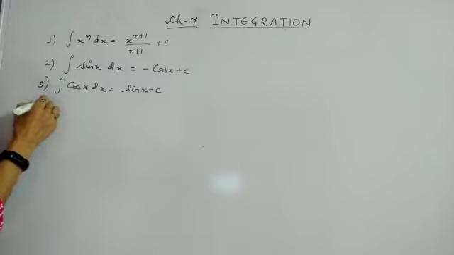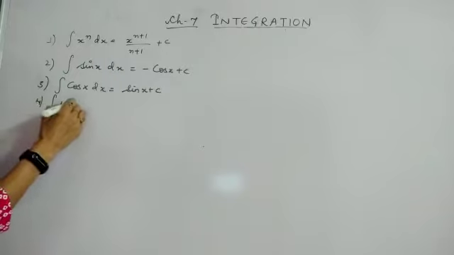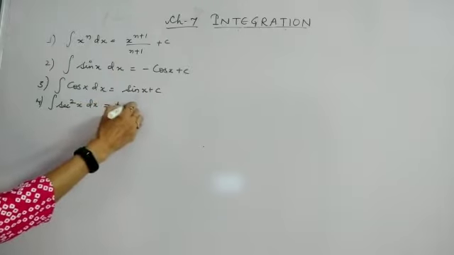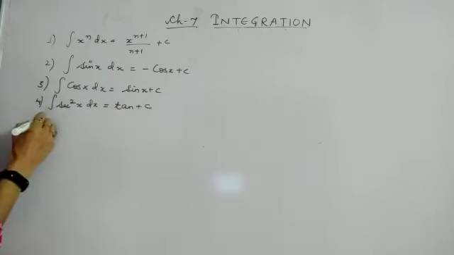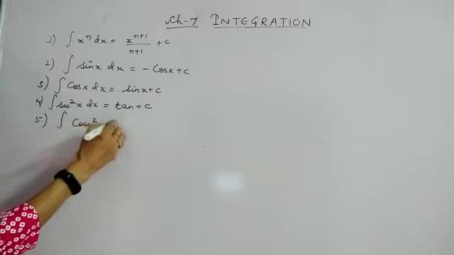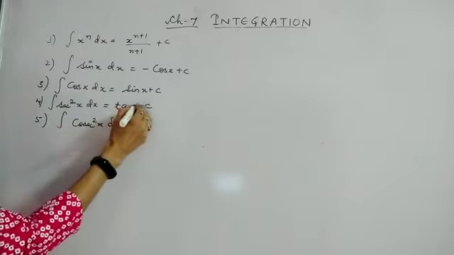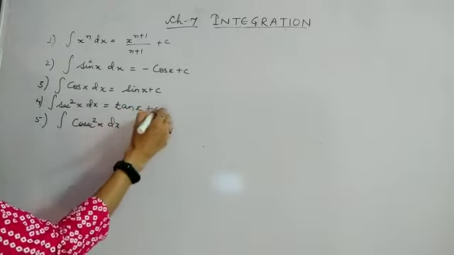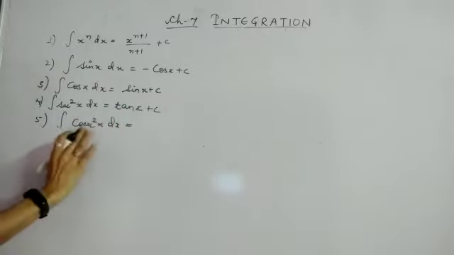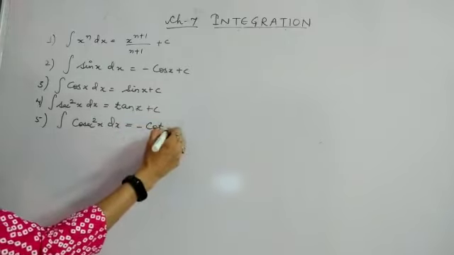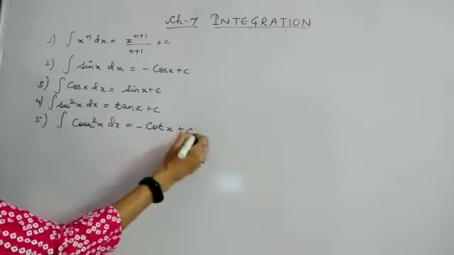The formula for integration of sec square x dx is tan x plus c. For cosec square x dx, sorry, this is tan x, always write it as tan x plus c. Integration of cosec square x is minus cot x plus c.